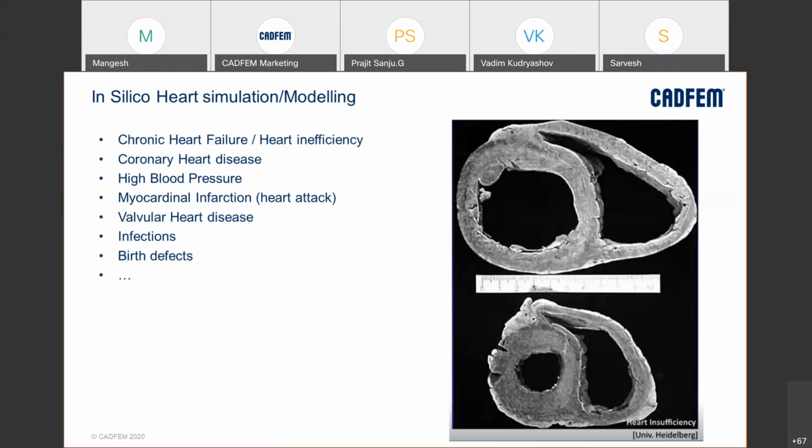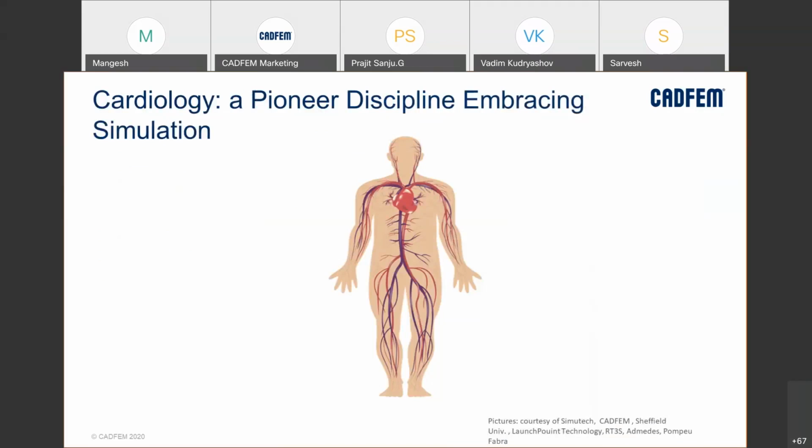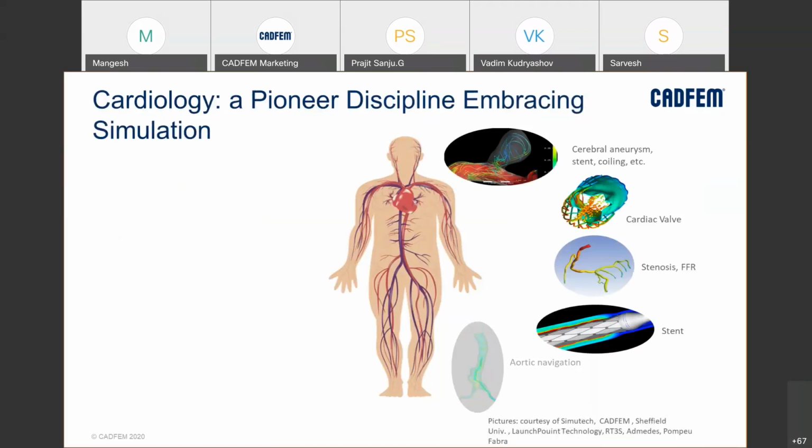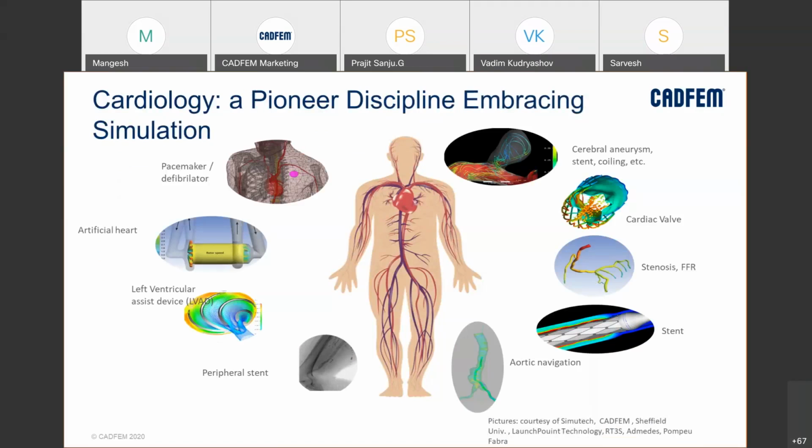So that's also something we will be looking at in the coming slides. When it comes to heart, these are the areas or the different categories where simulation has already been effective.